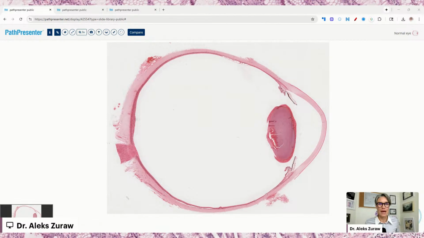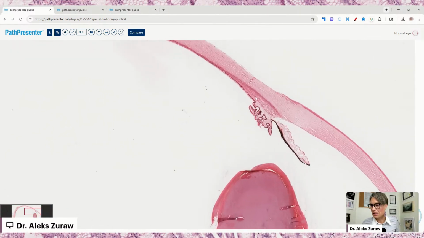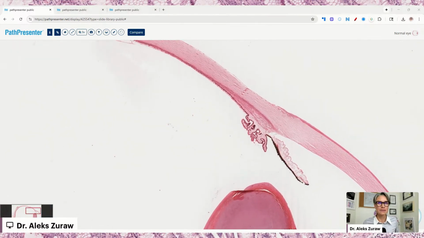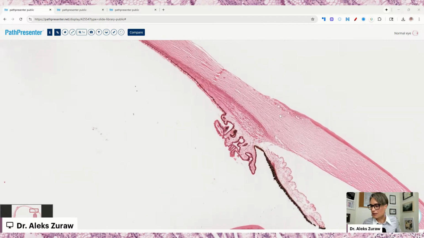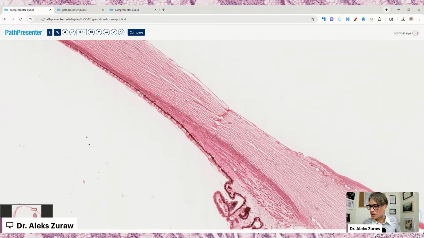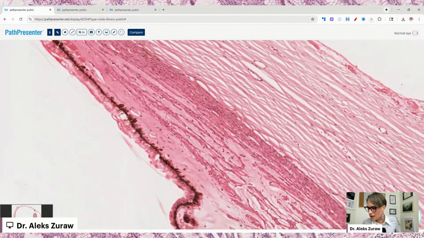Our next part. So we have also the choroid, which is the vascular layer of the eye. And here, it's going to be nourishing the eye.